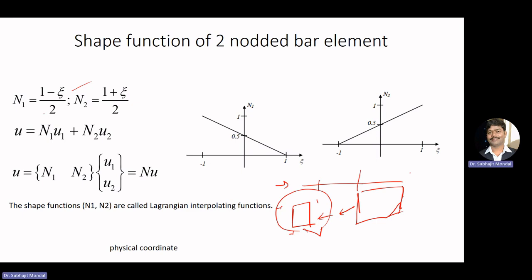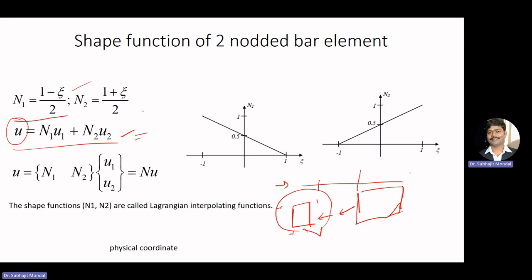So our shape function for the linear 1D bar element will be (1 minus xi)/2 and (1 plus xi)/2. Here also again you do the summation: n1 u1 plus n2 u2 is nothing but u. u is basically the interpolation at any point, equal to n1 u1 plus n2 u2.